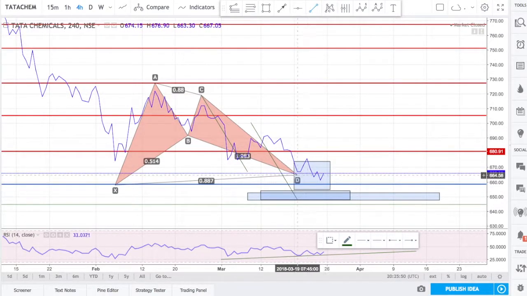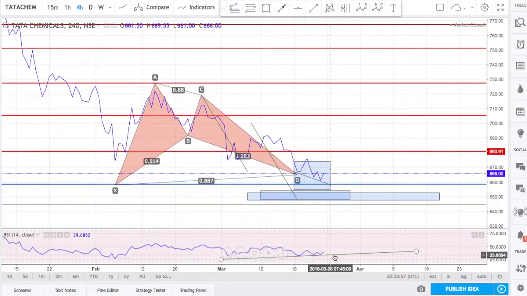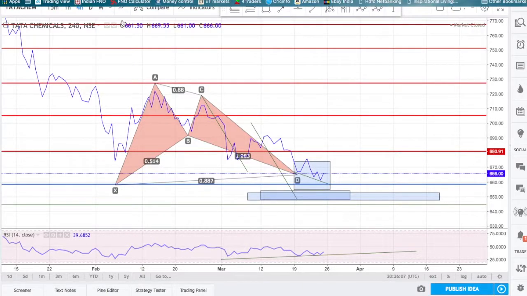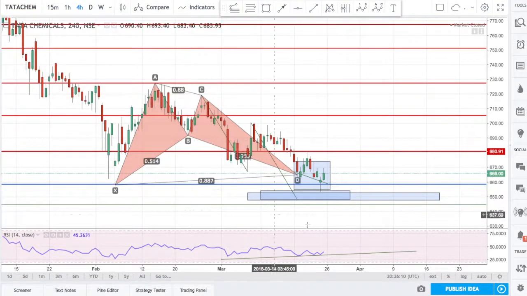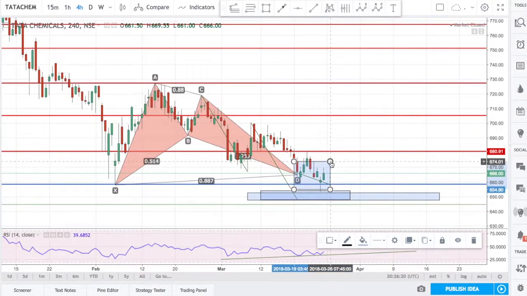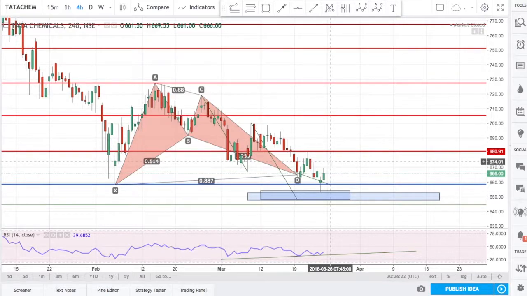You can see prices pushing lower, but at the same time RSI is diverging, which could possibly suggest that downward pressure might be subsiding. So that is another reference.